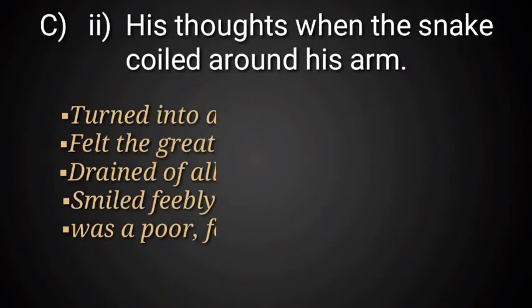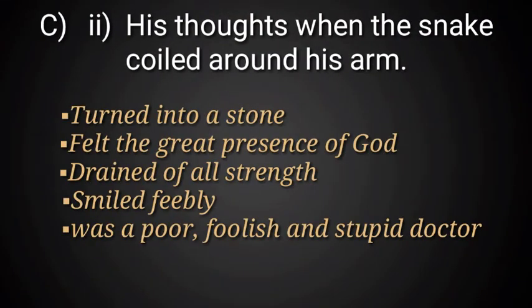He turned to stone, felt the great presence of God, was drained of all his strength, and smiled feebly. He was a poor, foolish, and stupid doctor. These are the points to fill up that box. Okay, I hope that you got the answer.